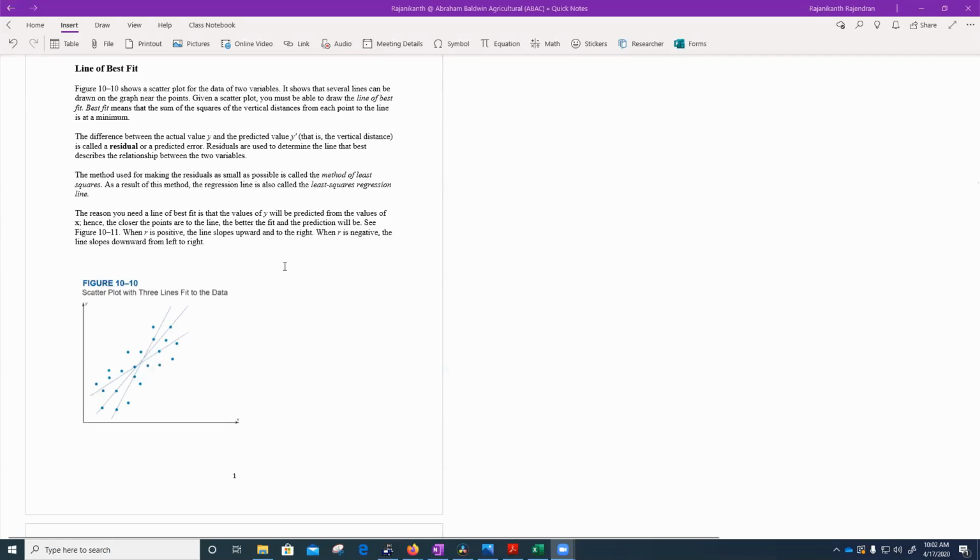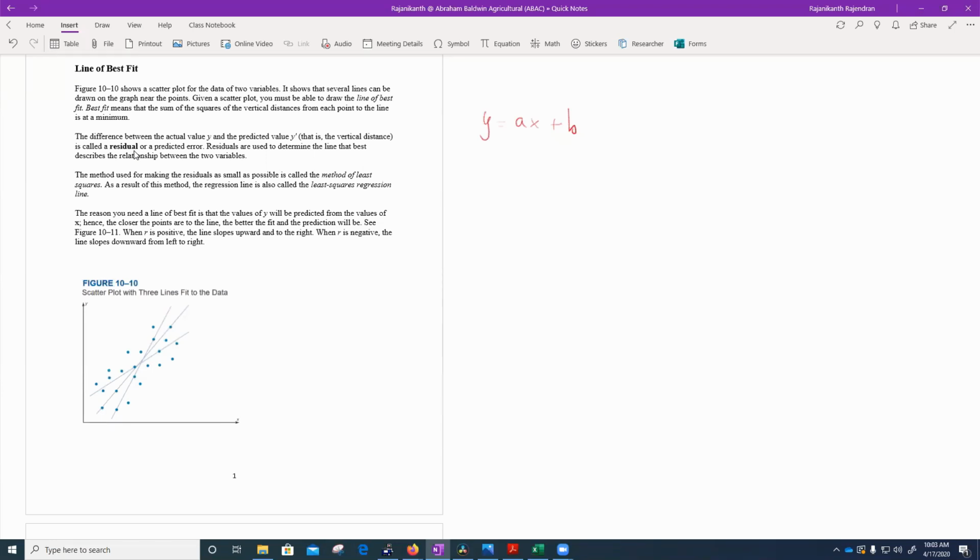Okay. So now, before going on, let's look at the definition of some terms here. We all know that the straight line formula is given by y is equal to ax plus b, right? We need to find out these kinds of formulas.